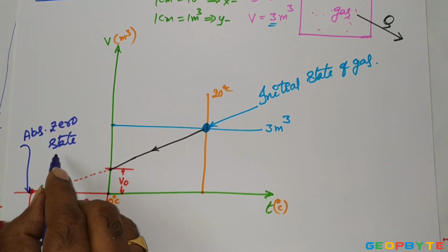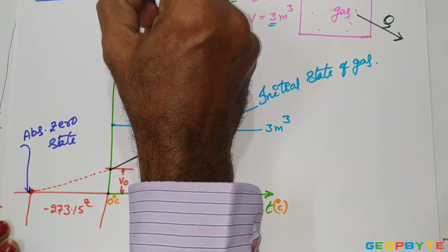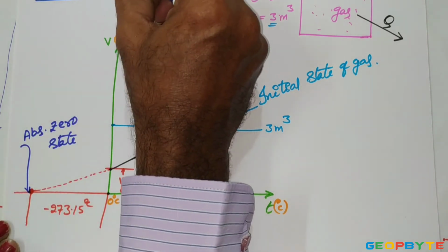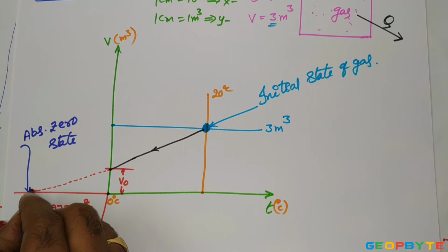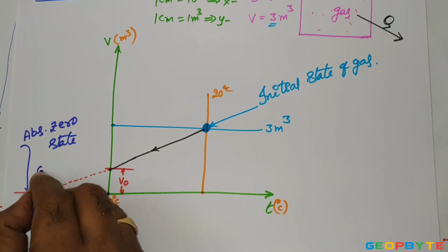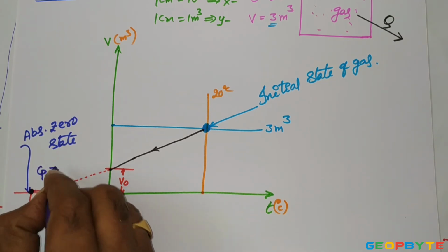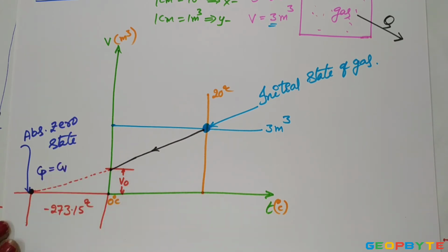The temperature at that absolute zero state is called absolute zero temperature, and the corresponding pressure is called absolute zero pressure. Remember, at this absolute zero state, specific heat at constant pressure and specific heat at constant volume both are equal. As we know, gamma is the adiabatic index, equal to Cp by Cv. At absolute zero state, Cp and Cv are identical, therefore gamma equal to 1.